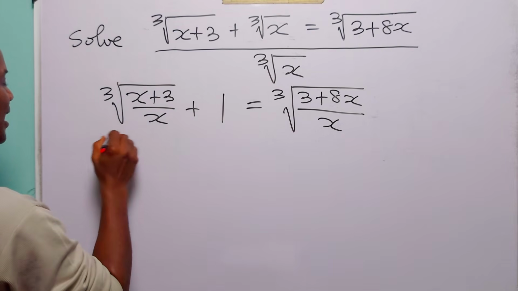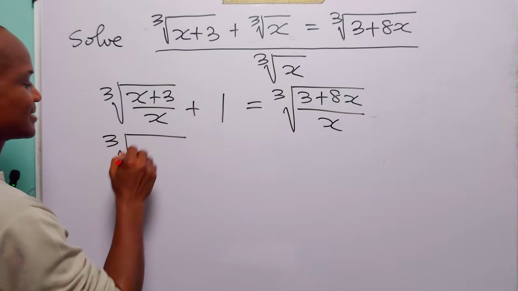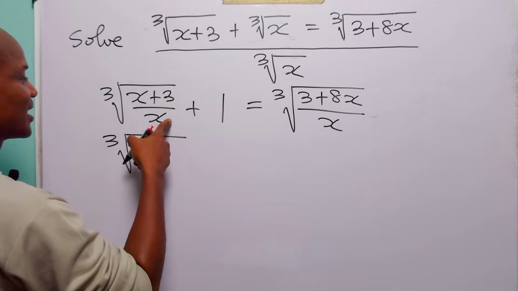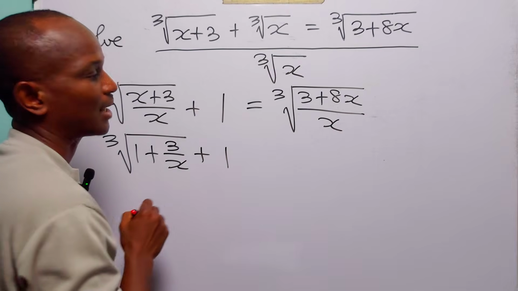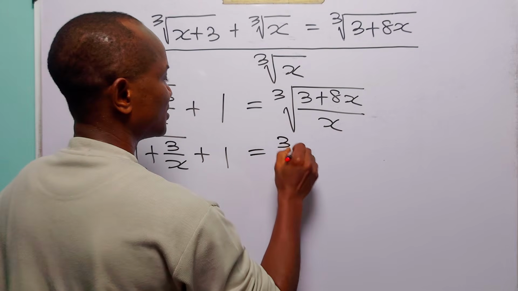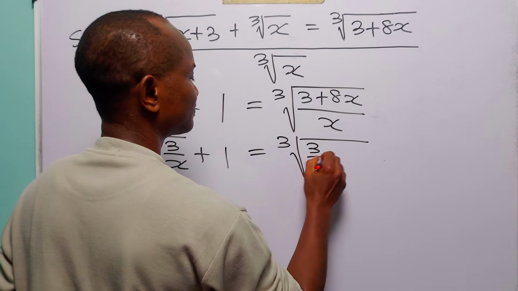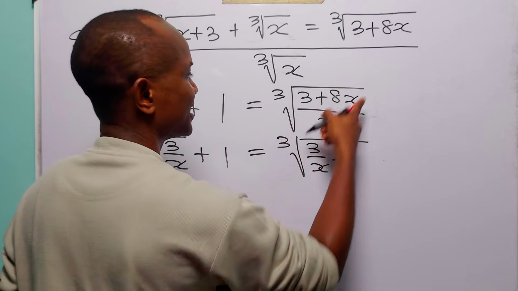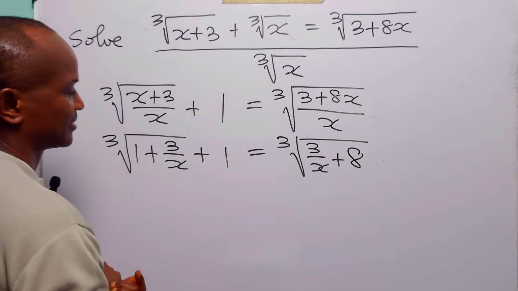Now here we have the cube root of x over x is 1. Then we have 3 over x. Then plus 1. And this is equal to the cube root of 3 over x plus 8x divided by x is equal to 8.